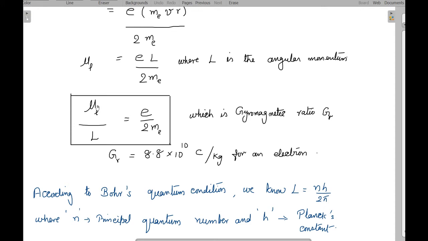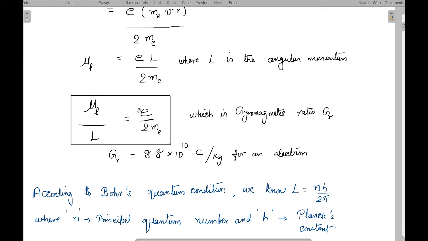That is mu L divided by capital L, which is equal to e divided by 2me. So this e by 2me ratio is called gyromagnetic ratio. It is the ratio between charge of the electron and mass of the electron.